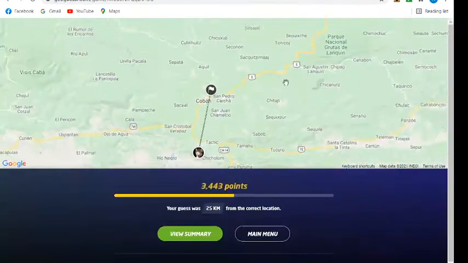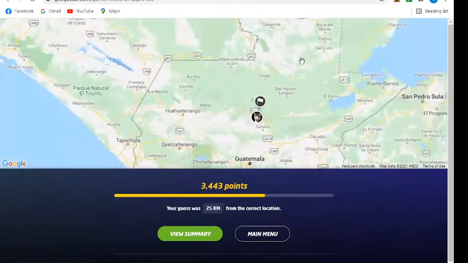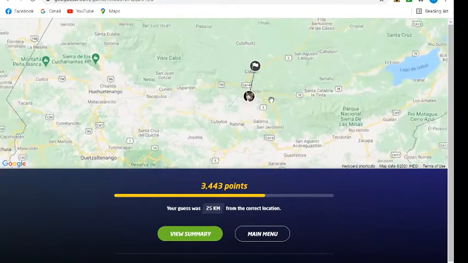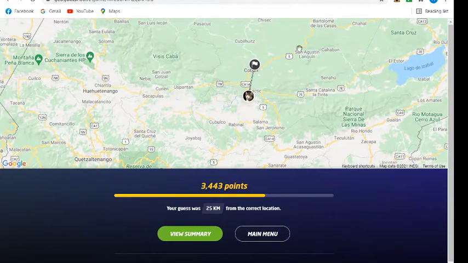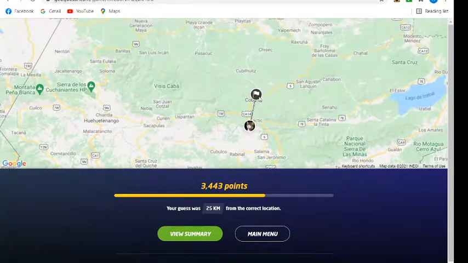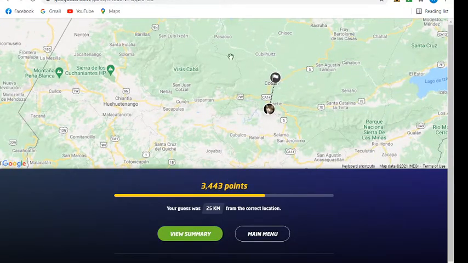Okay, so this is heading into the northern lowlands, so that makes sense that this area is not as elevated as the area here with the big volcanoes. That's something useful to know.